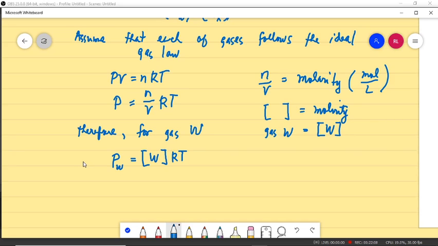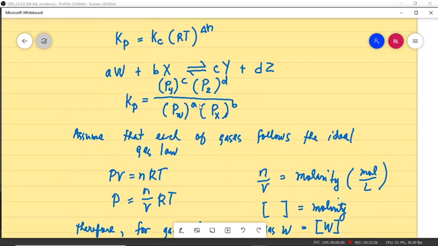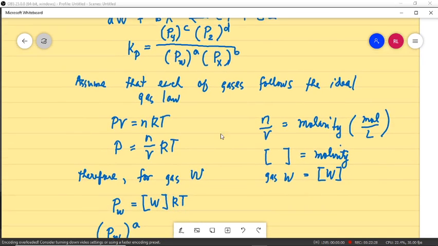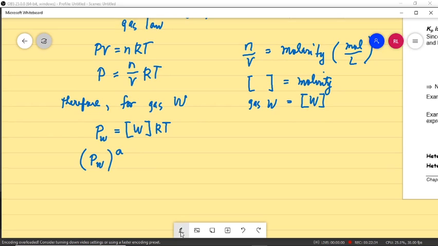Okay? Then let's try to substitute this in our equilibrium expression. Diba meron tayo noong P W raised to the power of A. This one, right? So what is the value for that?